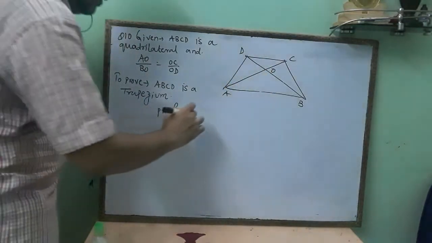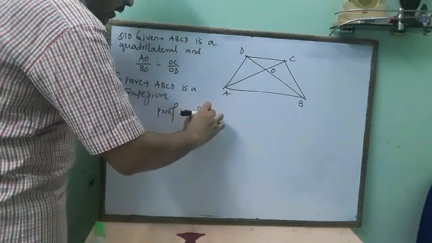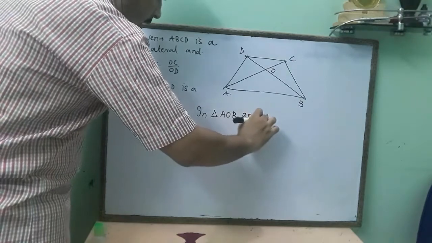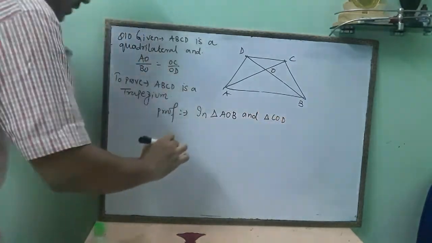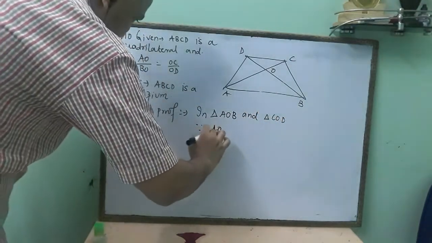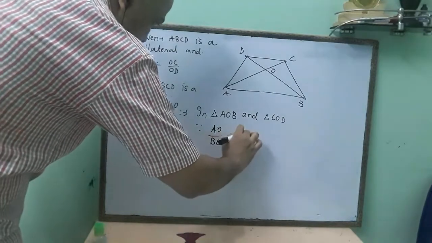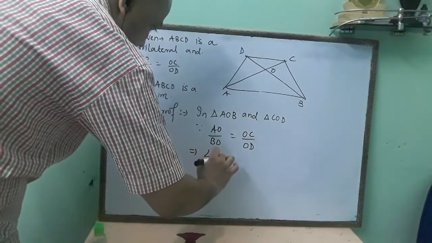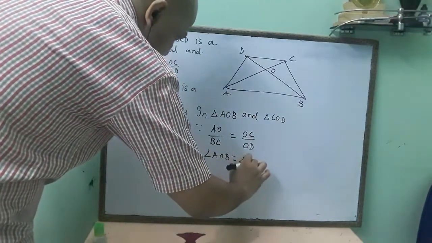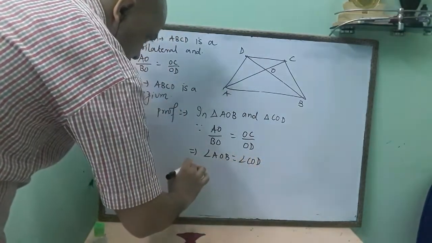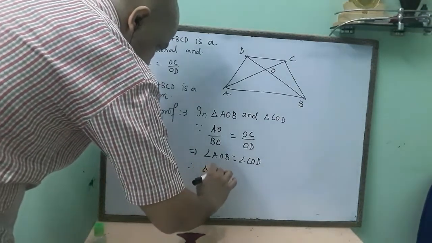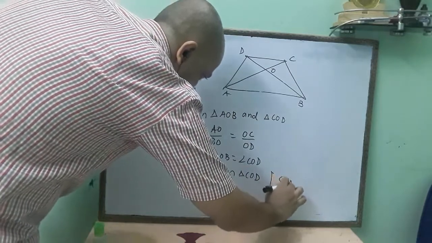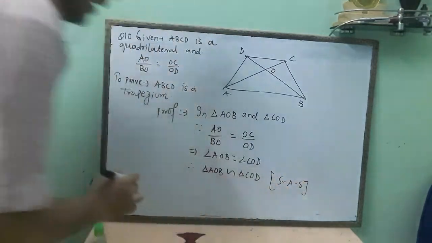So in triangle AOB and triangle COD, it is given that AO by BO is equal to OC by OD, and one angle is the vertically opposite angle, angle AOB is equal to angle COD. Therefore triangle AOB is similar to triangle COD, the criterion being SAS, side angle side.